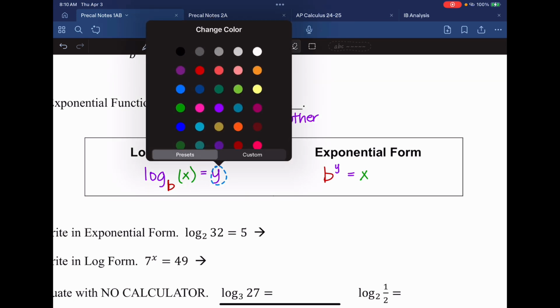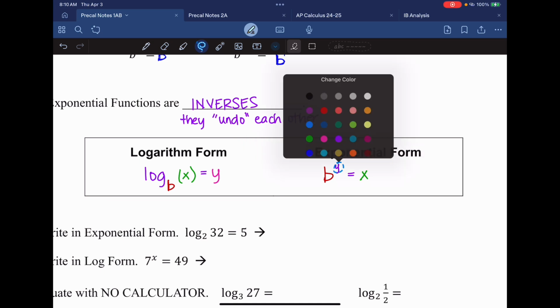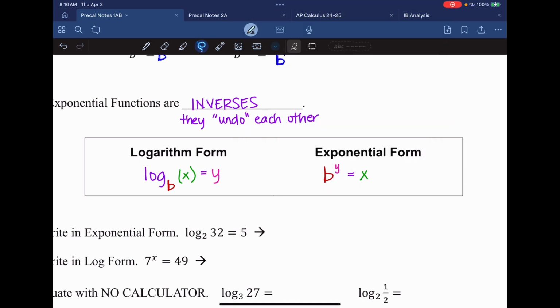And the answer to the log is the exponent on the exponential. So if we were to have an exponential function where this y was unknown, the only way to get that y out of the exponent is by taking the log.